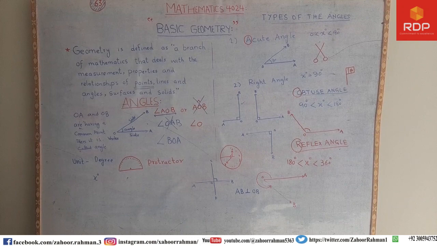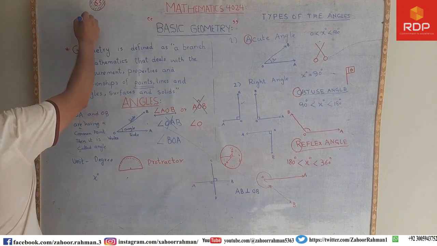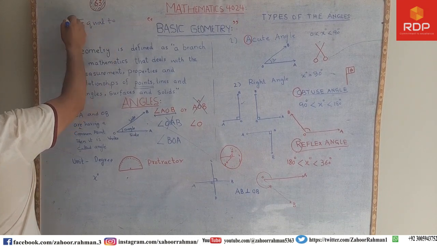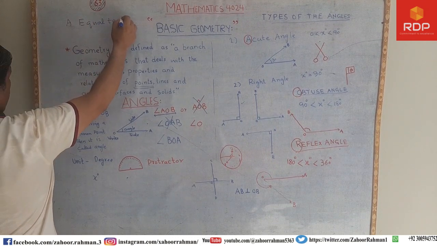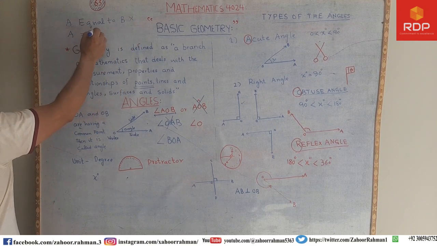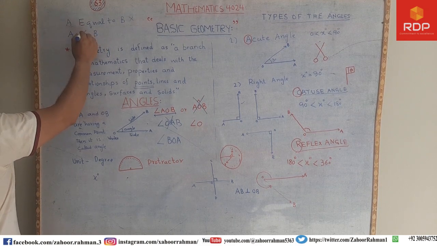Ladies and gentlemen, because mathematics is a language of symbols, we cannot use English sentences. For example, if we are writing equal to, we will not write that A is equal to B. This is not mathematics. We have to write A = B, greater than, less than.